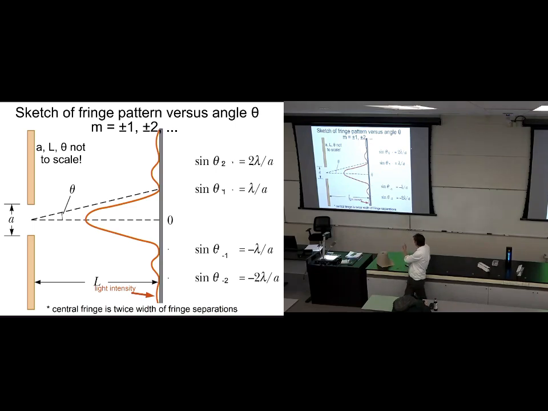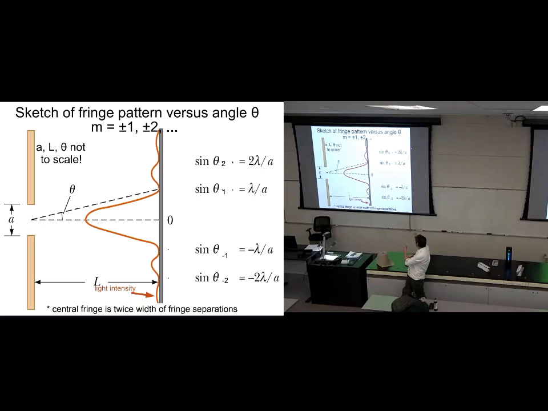And that's all I've written down here. That the first dark fringe, I gave it the label 1 because it's the first one, the sine of its angle is lambda over A. The other first dark fringe downstairs here, I gave it a label -1. It's the first dark fringe, but in the opposite direction from the other dark fringe, at minus lambda over A. And so these are the equations for these dark fringes, and then the second dark fringe is upstairs here, downstairs here.